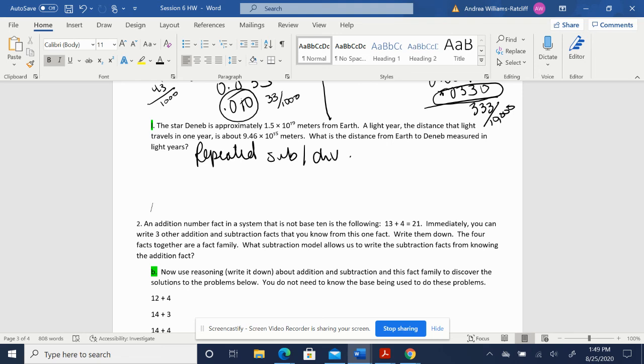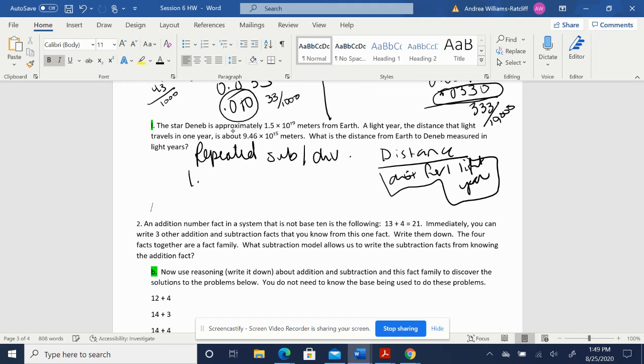We have this huge distance, the total distance, and we're going to divide that by the distance for 1 light year. Every time I can take away one of these amounts from this overall distance, I have made another complete light year.